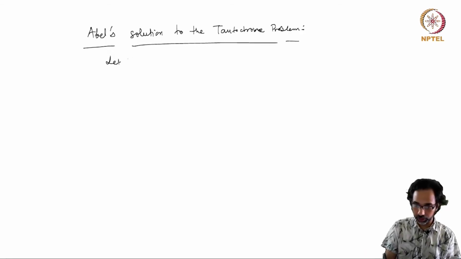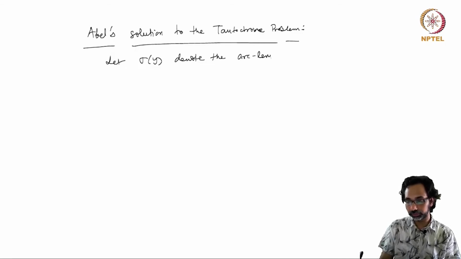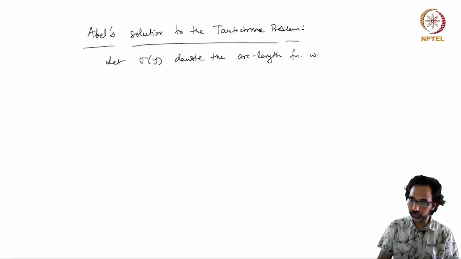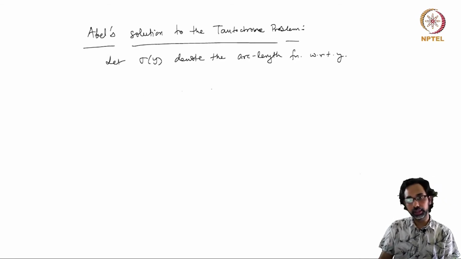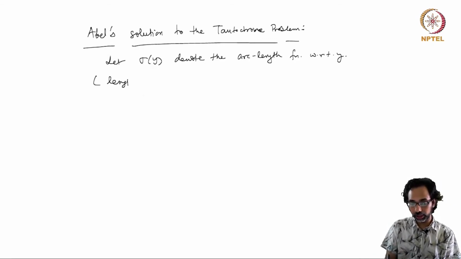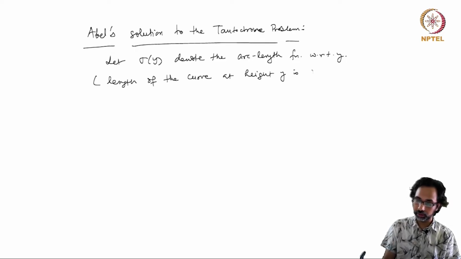For this, let sigma of y denote the arc length function with respect to y, meaning that at height y, the length of the curve at height y is sigma of y.